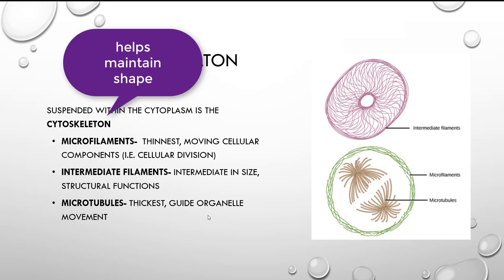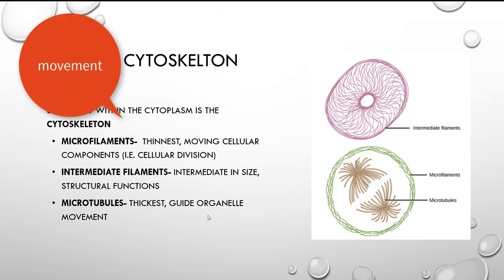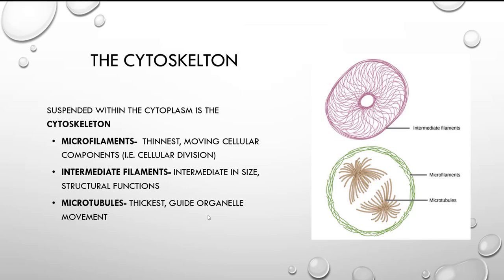It also provides structure for the cell, and it's also involved with movement, okay? So shape, structure, and movement are the main functions of the cytoskeleton. When we're discussing the cytoskeleton, we can divide it into three types: the microfilaments, the intermediate filaments, and the microtubules.